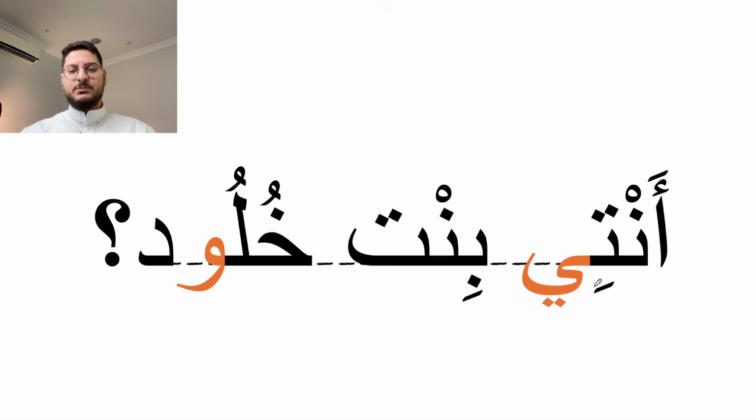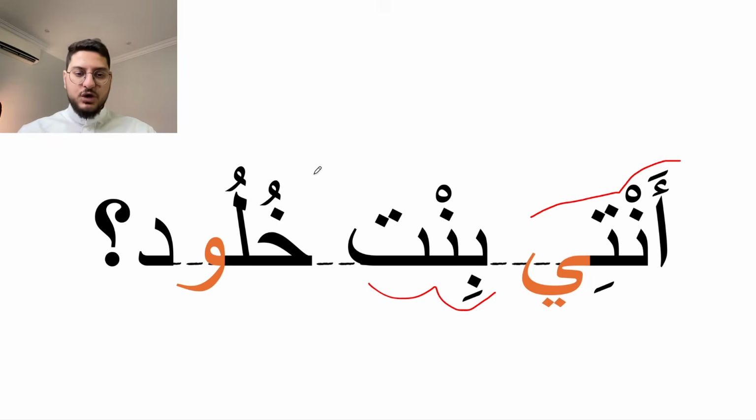Let's look at another example. Here we have Anti, which is again you, but this time I'm talking to a female. Second word is, as you see here, bint, which means girl or daughter. So we translated this to girl before. It also means daughter, bint.